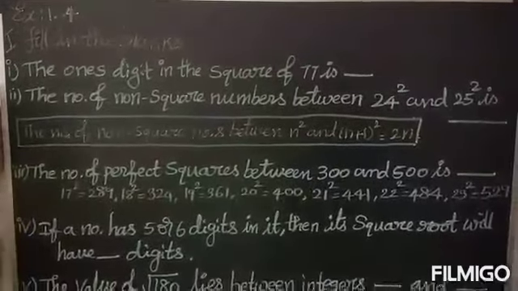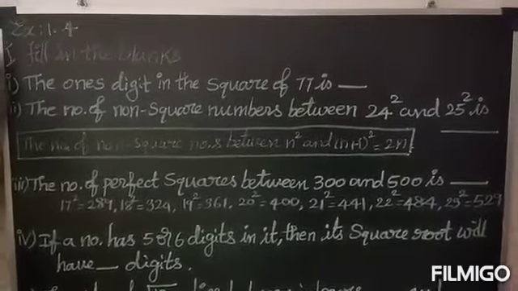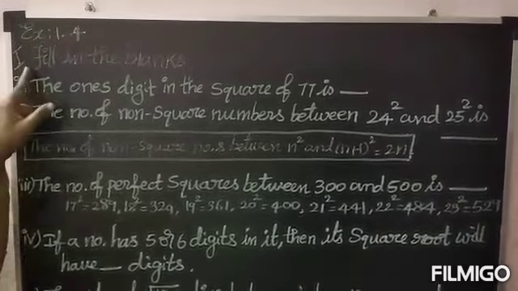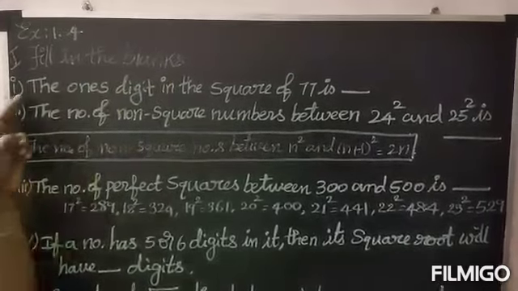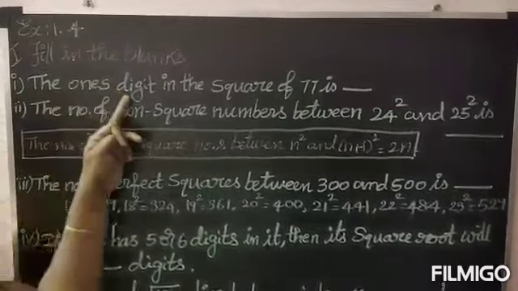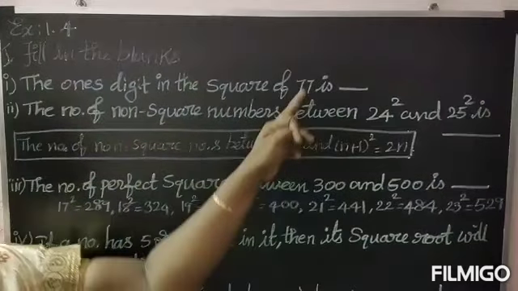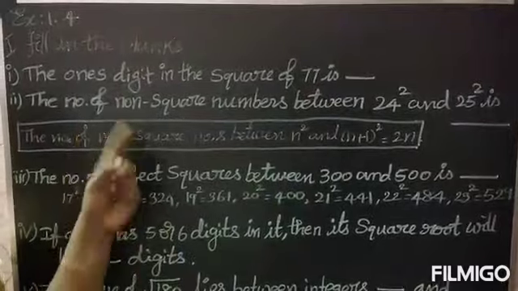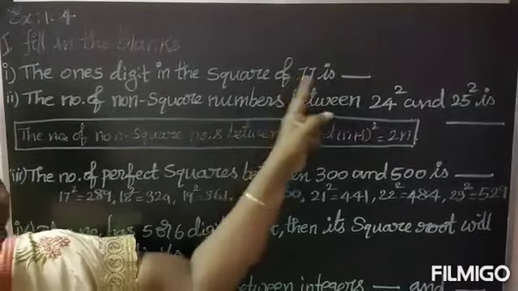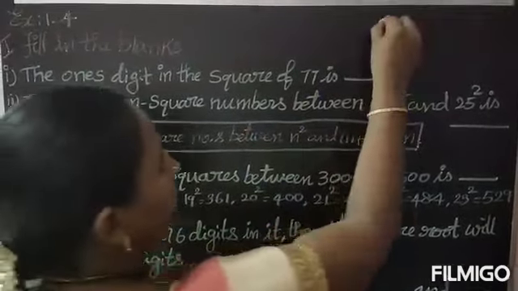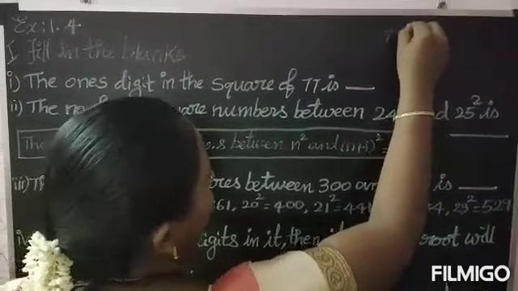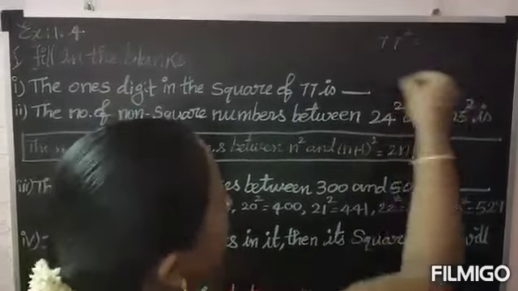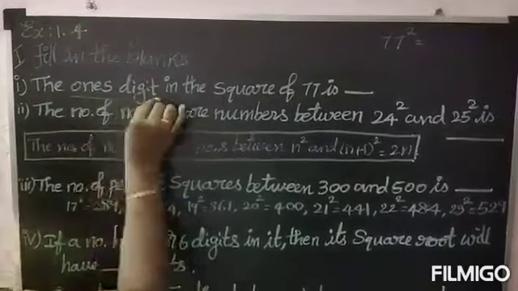So example sums over. Now we are going to see exercise sums, that is exercise 1.4. First Roman, fill in the blanks. First one, the ones digit in the square of 77 is dash. They ask the ones digit of the square of 77. So square of 77 means 77 square. They didn't ask the whole number, they asked only the ones digit.